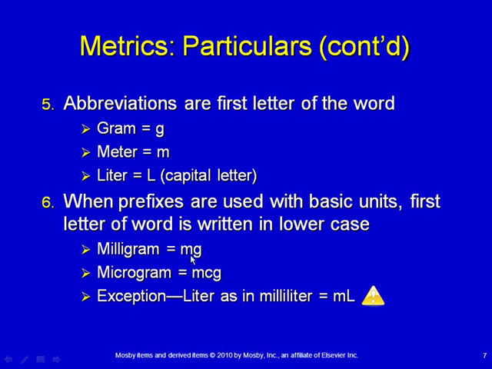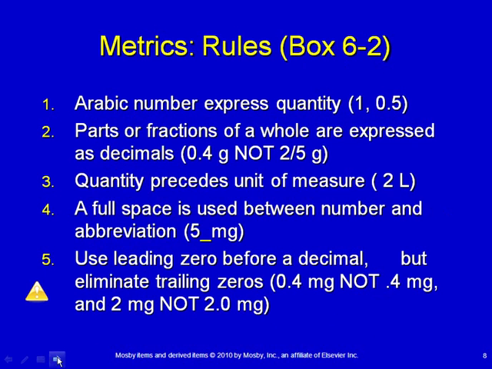So milligram here is mg. Microgram is mcg. Liter is the exception, where we would have the lowercase m for milli and a capital L for liter. Again, there had been confusion with people mistaking that for 1 when it was written in lowercase.